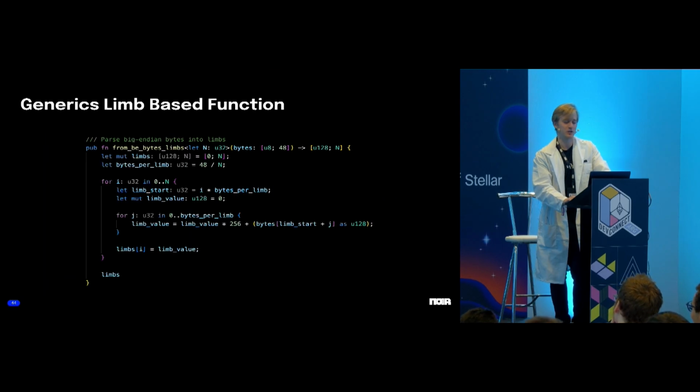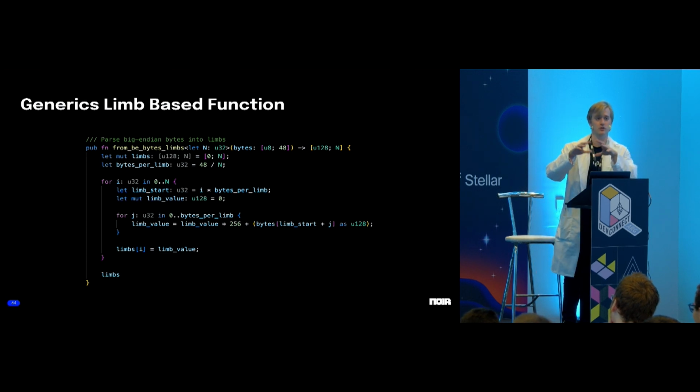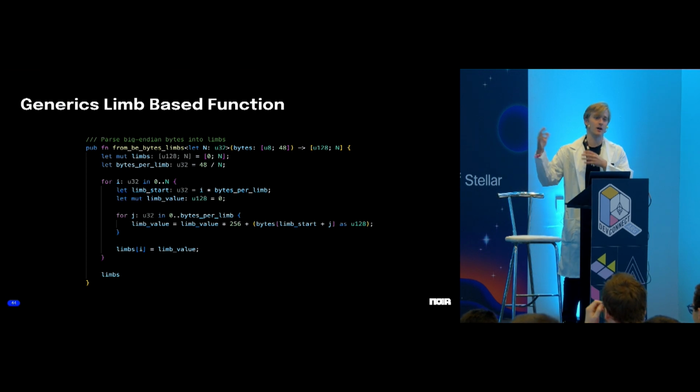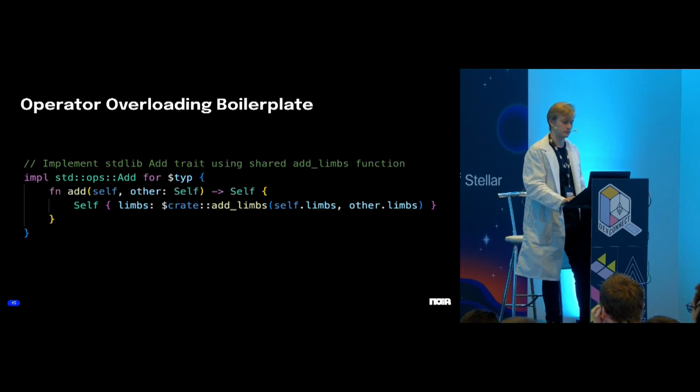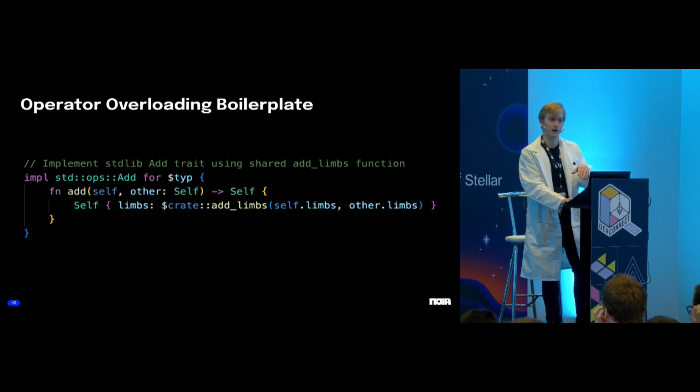I said how we have this generic limbs function now. This looks very similar to the function we originally had when we just had our generic big number struct, but now it's just a standalone function. And now we can also do the same thing for our type implementation. So we have our standard lib impl, and then for that given type.